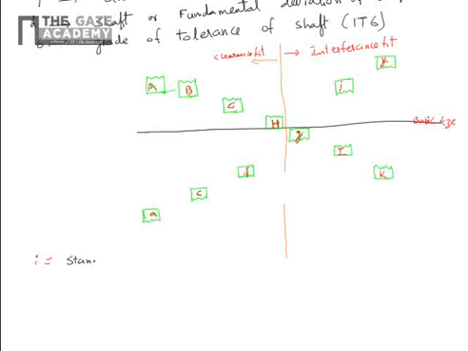If you understand this, then to calculate the tolerance, there is the standard tolerance unit i. These are all for descriptive problems. Sometimes they ask, sometimes they won't ask. They will give all the values.